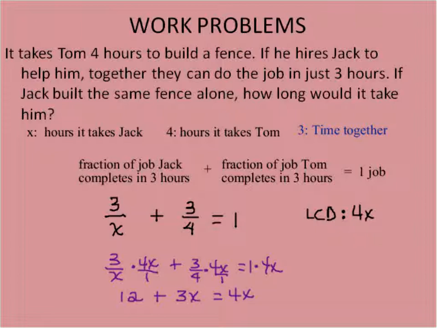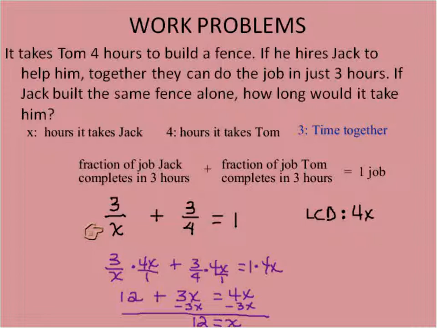And if we finish solving that, subtract 3x from both sides, and that gives us 12. So x represents the hours it takes Jack, so it takes Jack 12 hours. So if you look at it in this way, Jack completes 3/12 of the job in 3 hours.